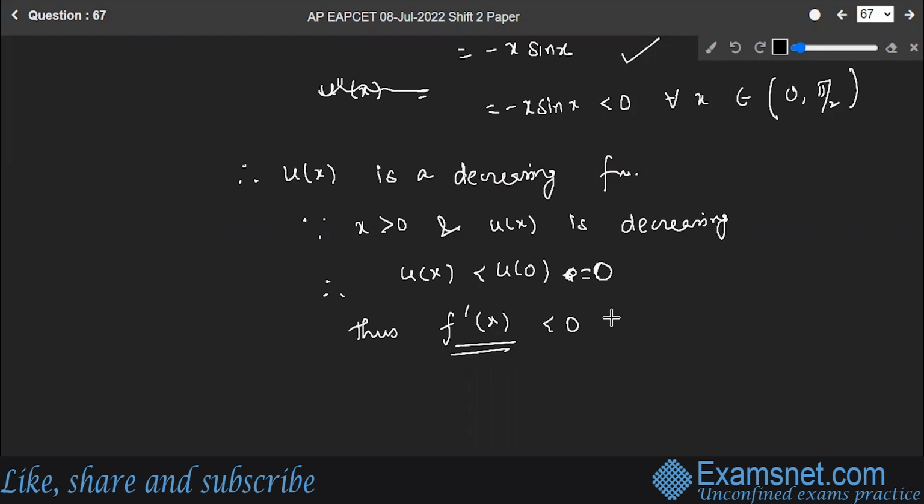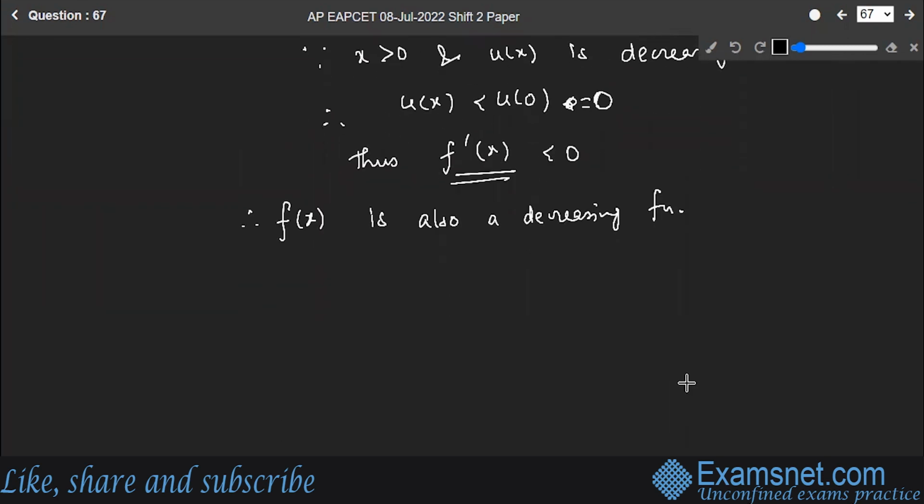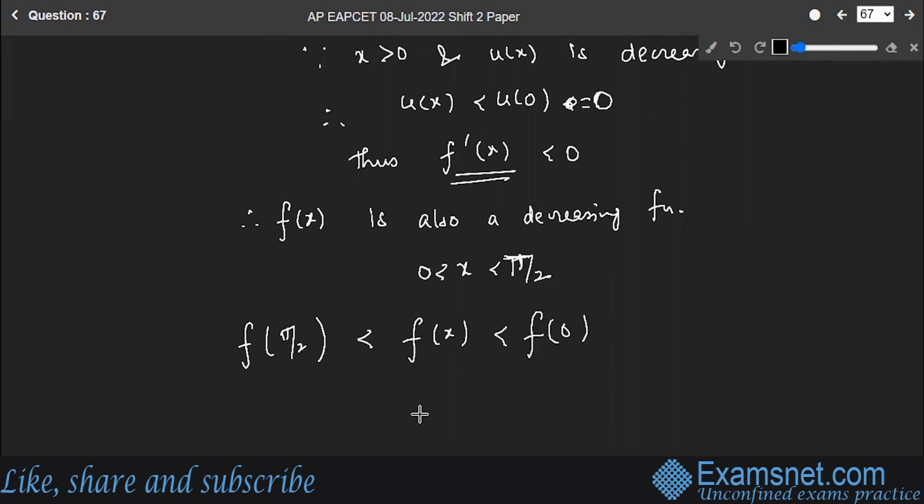If I'm taking this one, this is less than 0. Therefore, f(x) is also a decreasing function, because x lies between 0 to pi by 2. So f of pi by 2 is less than f of x is less than f of 0.